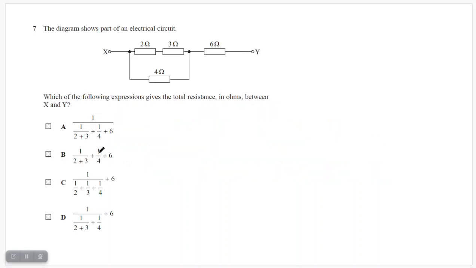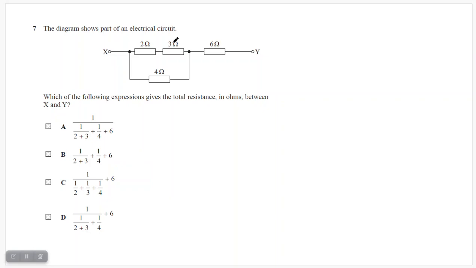7. Quite complicated. So let's see. The diagram shows part of an electric circuit. Which of the following expressions gives the total resistance in ohm between X and Y? So they're asking for the total resistance, but this is not a series circuit or a parallel circuit. This is actually a combination circuit, and I've seen a lot of students struggle with these type of questions.